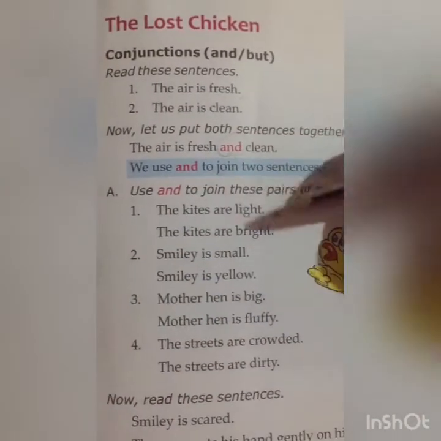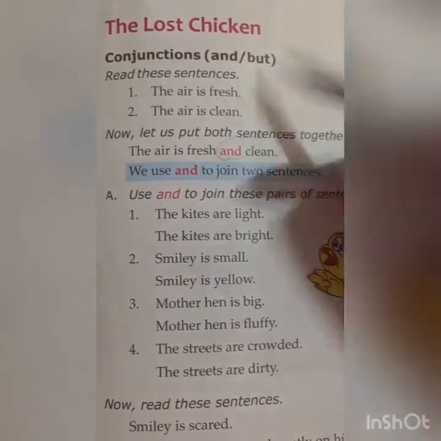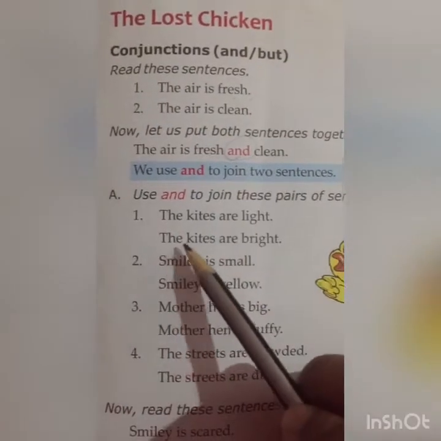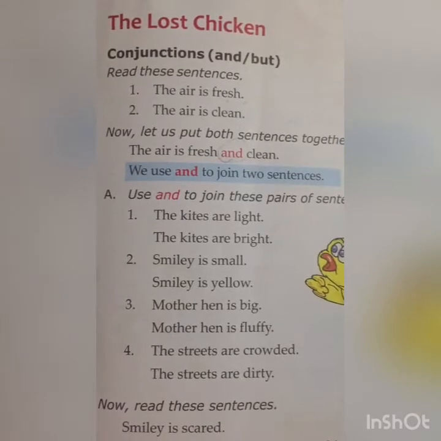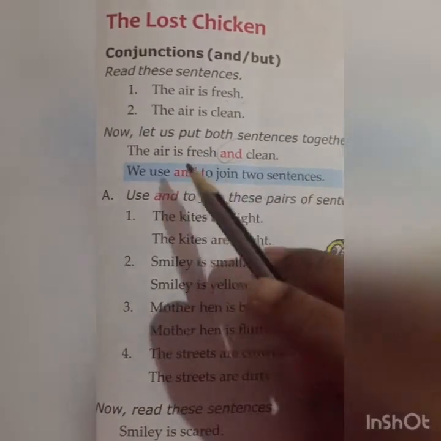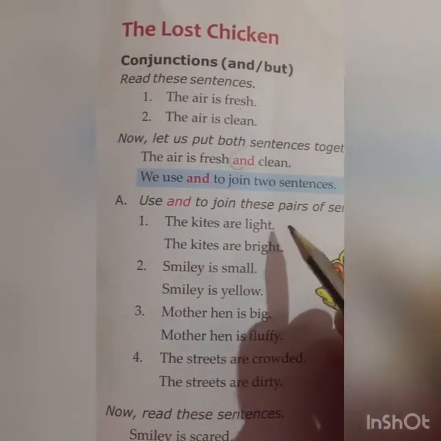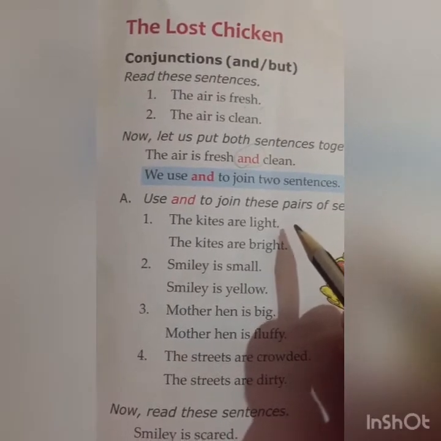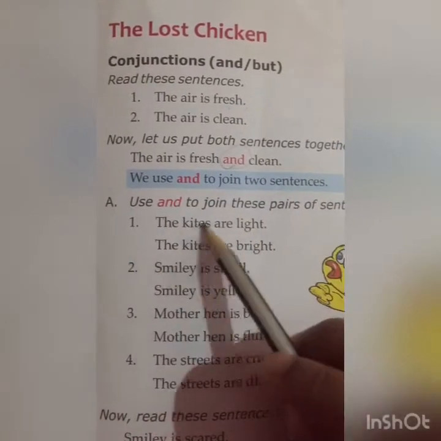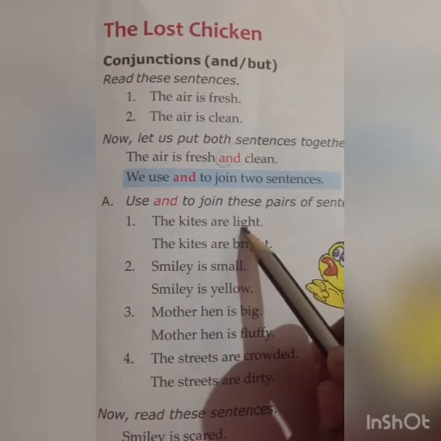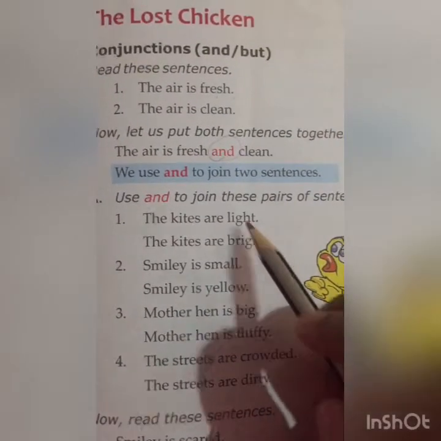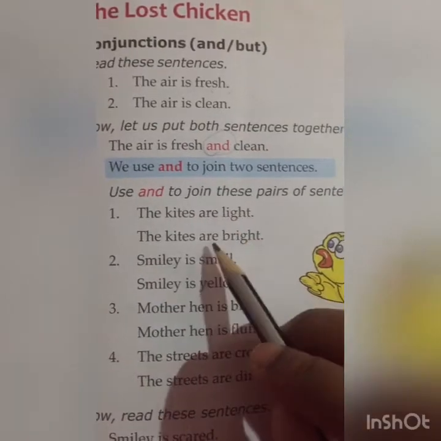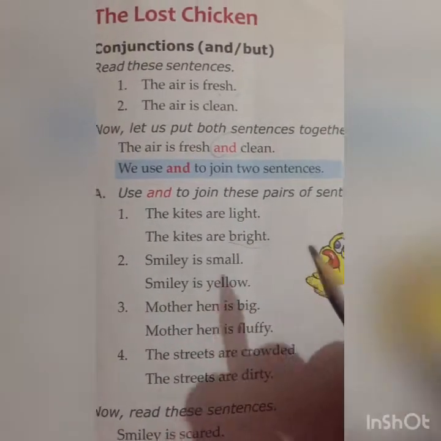Okay, the kites are light. The kites are bright. How do we write that? We can use and here and we can join these sentences. And how do we write it? The kites are light and bright.